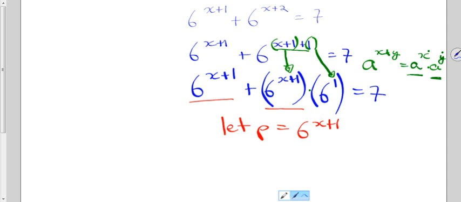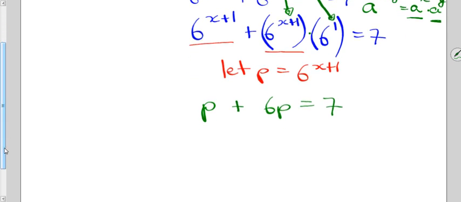So now what we see is we have p plus p times 6, which another way of writing is 6p, right, is equal to 7. And so if we solve for that, well, 6p plus 1p, that's 7p equals 7. That means if you divide both sides by 7, you get p equals 1.